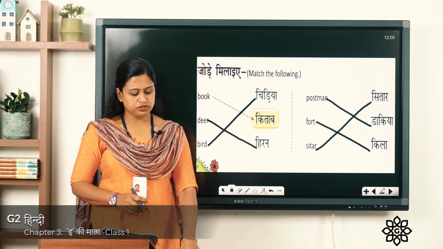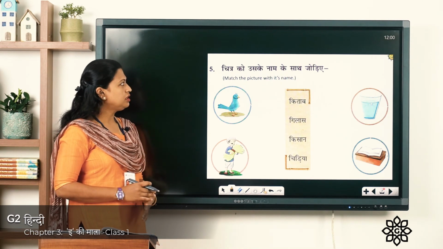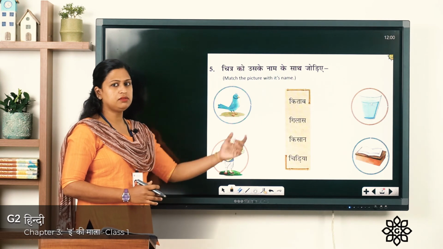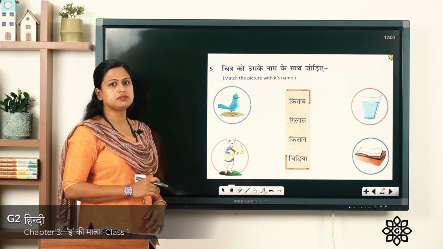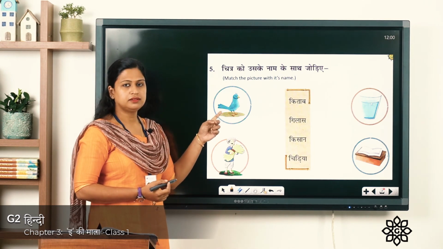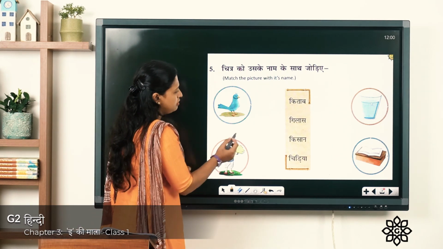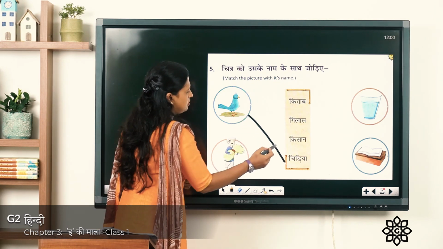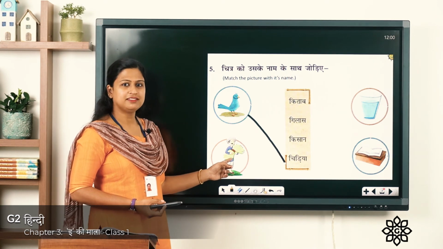Now, let's move to the fifth exercise. The question is, चित्र को उसके नाम के साथ जोड़िए. So, pictures are given on both the side and at the center name is given. So, you have to just match it. As we know, this is bird and the Hindi word is chidiya. So, you have to search where chidiya is and then match it. Next one is, can you identify this picture?